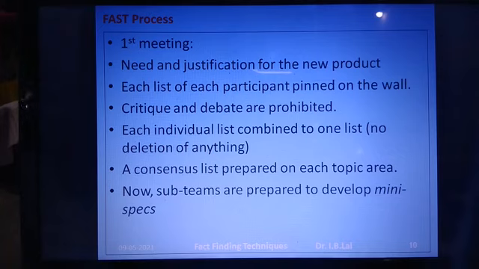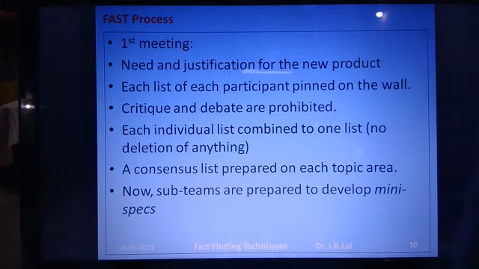The list given by each participant is pinned on the wall so that everybody can view it. So they can raise their points and ideas during the meeting. In the meeting, critiques and debates are prohibited. Each individual list is combined into one list.